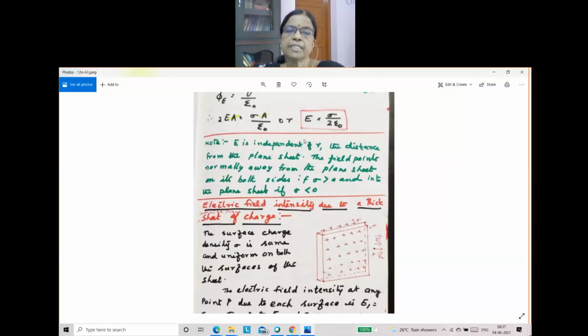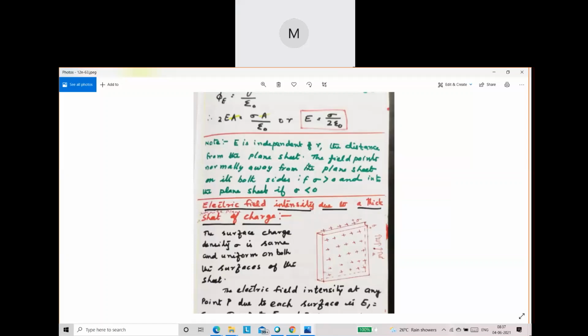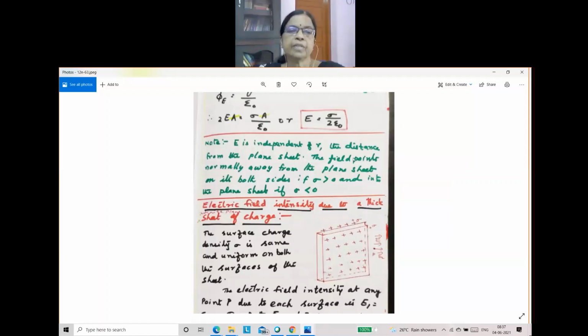And if it is a negatively charged sheet, sigma less than 0, field will be inwards. If it is positively charged, field will be outwards. And the electric field intensity is independent of the distance r from the sheet.